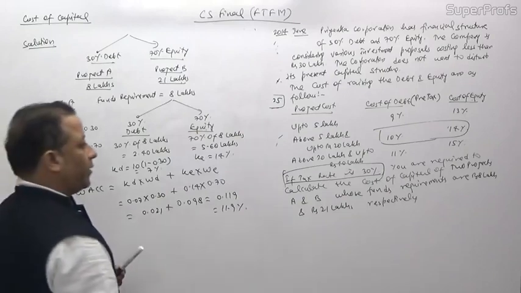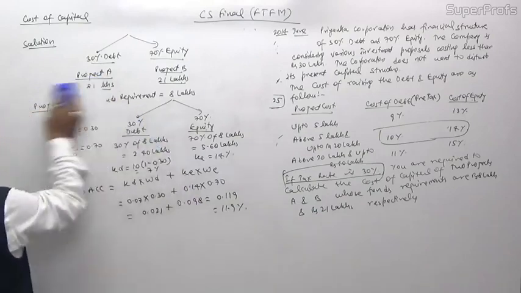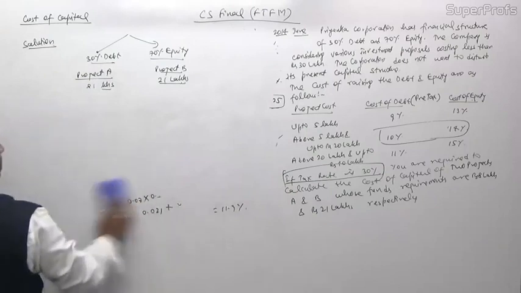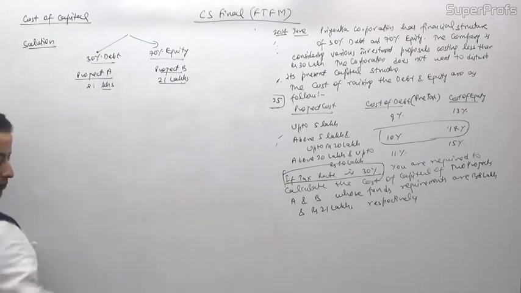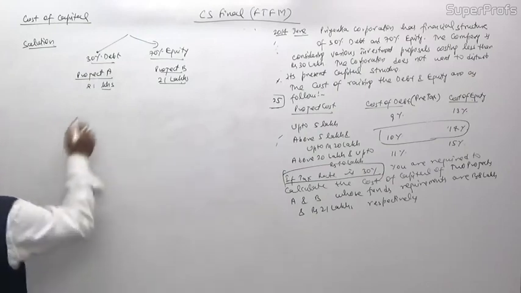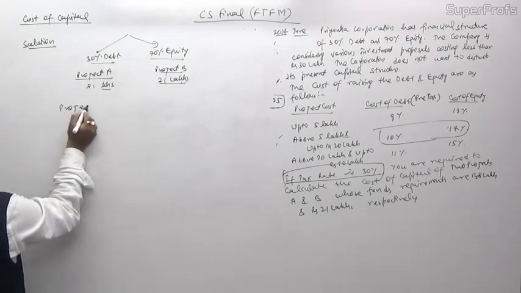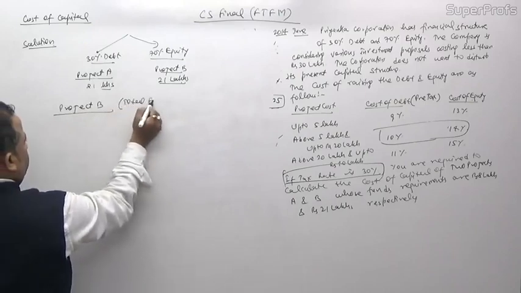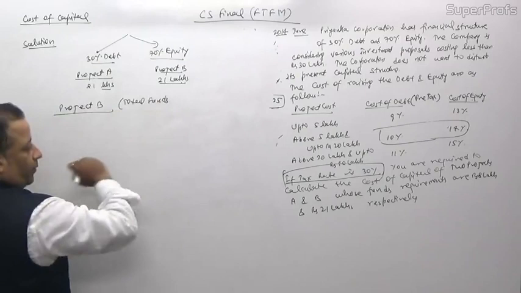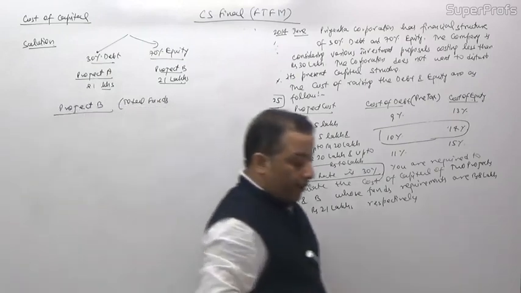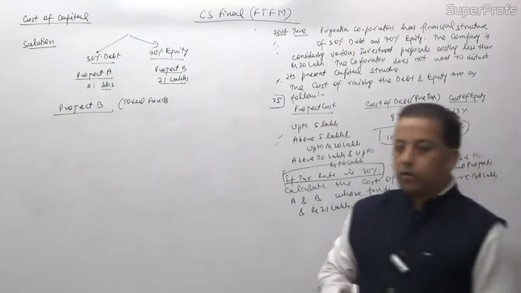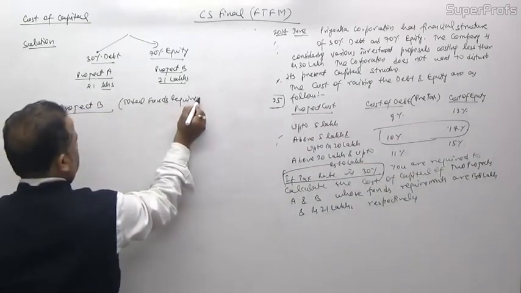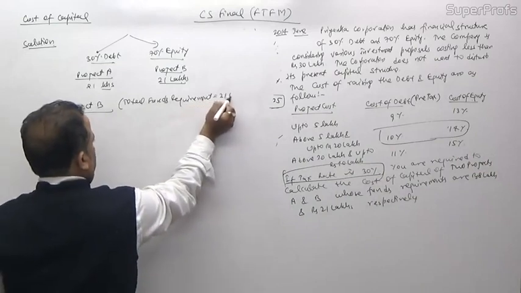So for project B, the total fund requirement for project B is $21 lakhs.